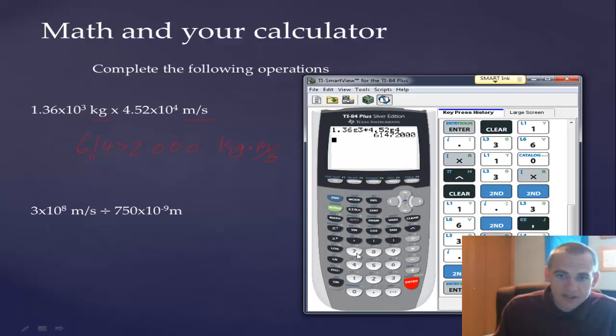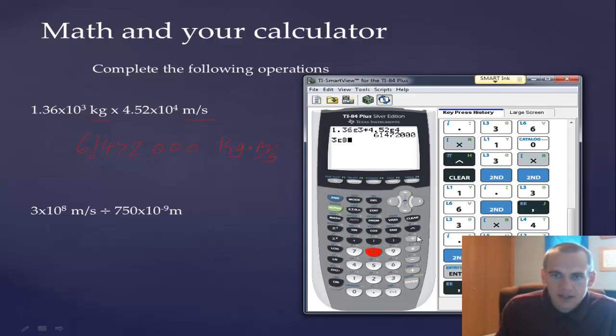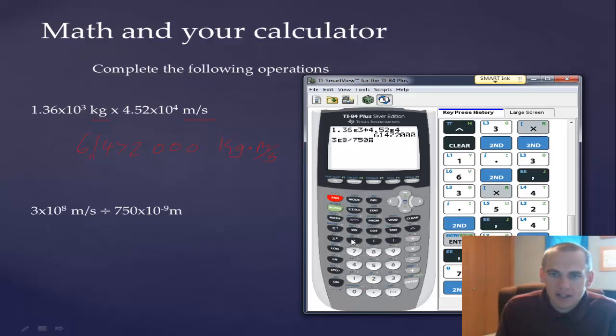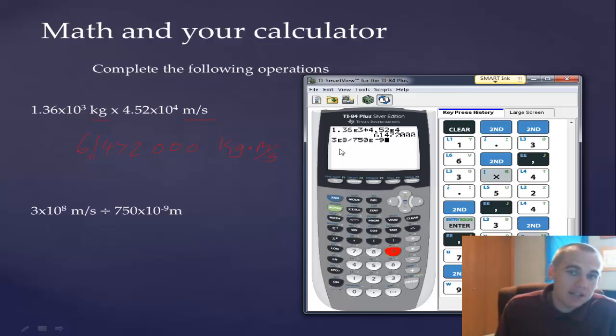Now this does say 3 times 10 to the 8th, so I'm going to go 3, second E, 8, divided by 750 times 10 to the negative 9th, so E, negative 9. Now I'm taking a big number, 300 million, divided by a little number, 750 nanometers.